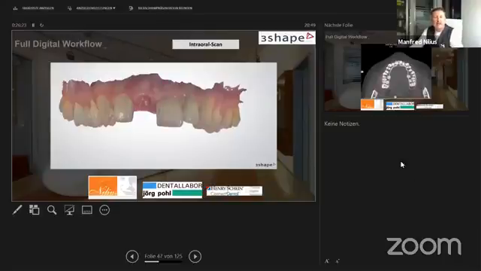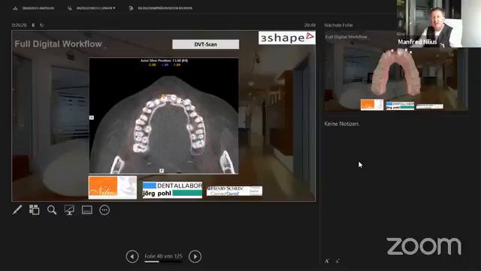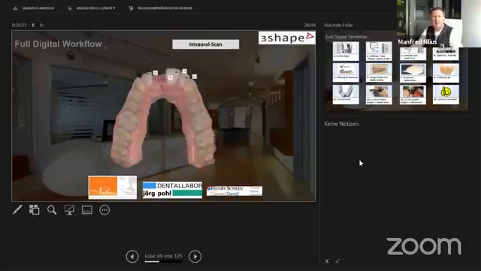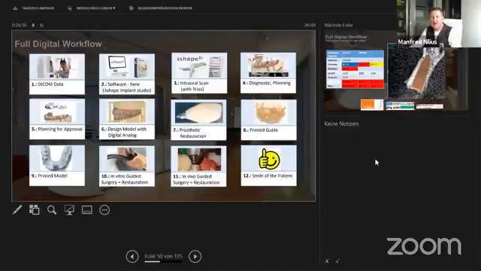So this is a case. This is an intraoral scan for a full digital workflow. This is the CBCT, and then we mix CBCT and intraoral scan data matching. Getting the DICOM data, have a software, have an intraoral scanning, have a planning tool, have a doctor to improve and to approve the planning, design the model, design the crown, make the template, you print, and you don't cast.